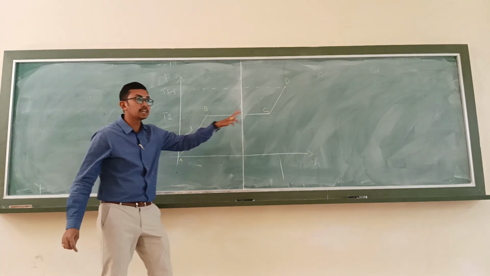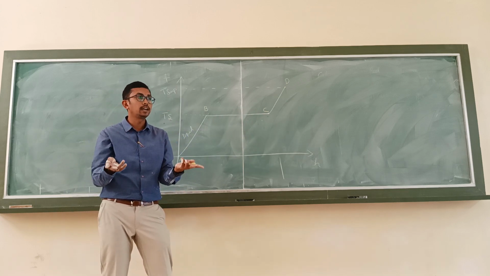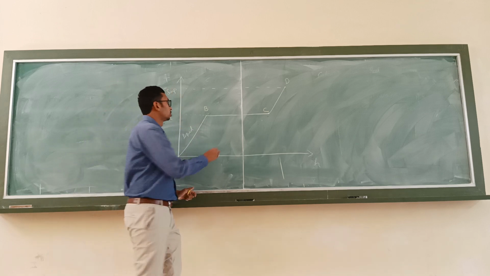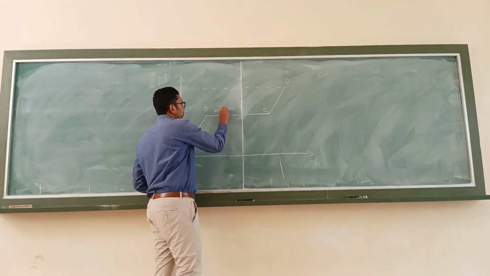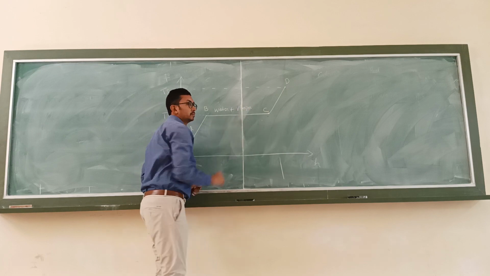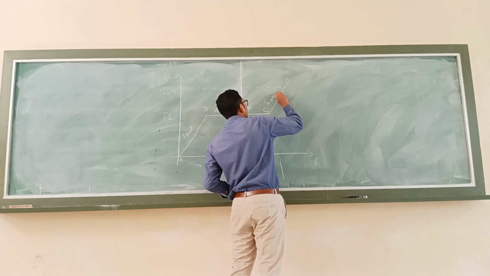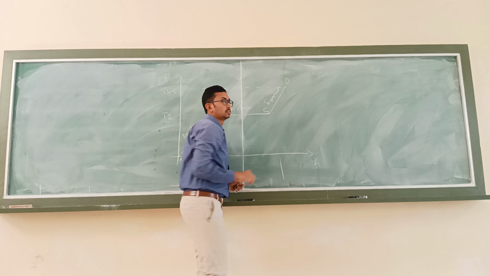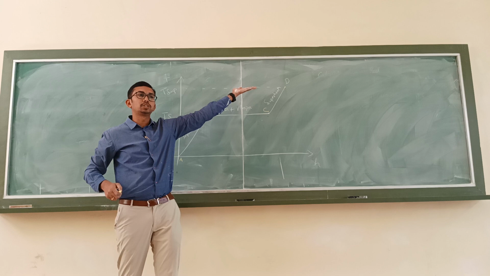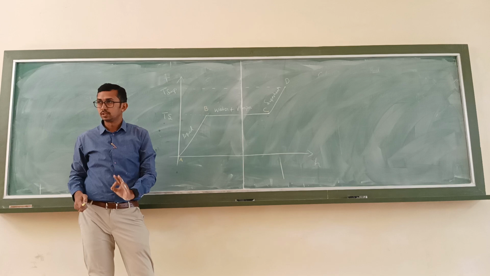Between B and C, it is a combination, a two-phase mixture of water particles as well as vapor, so it will be water plus vapor. Next, this is the superheat region. The temperature of the steam will be above the saturation temperature, and that we are going to call superheated steam.